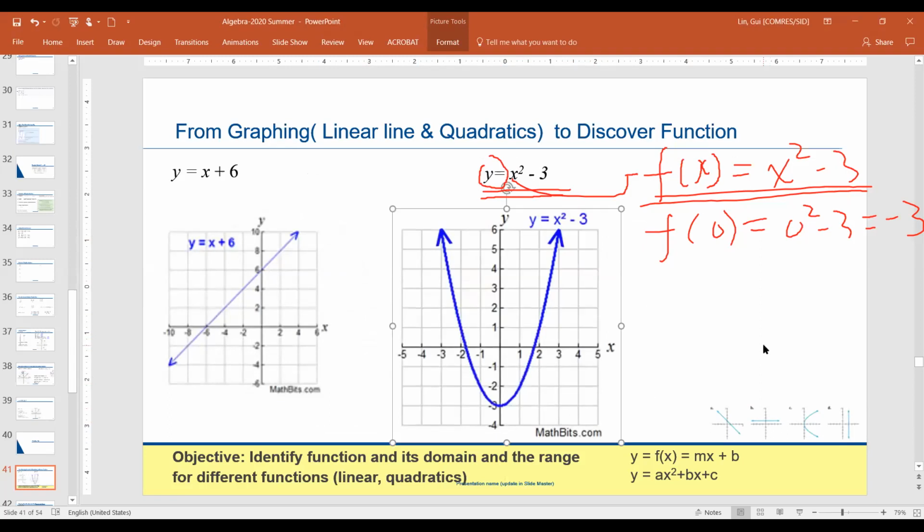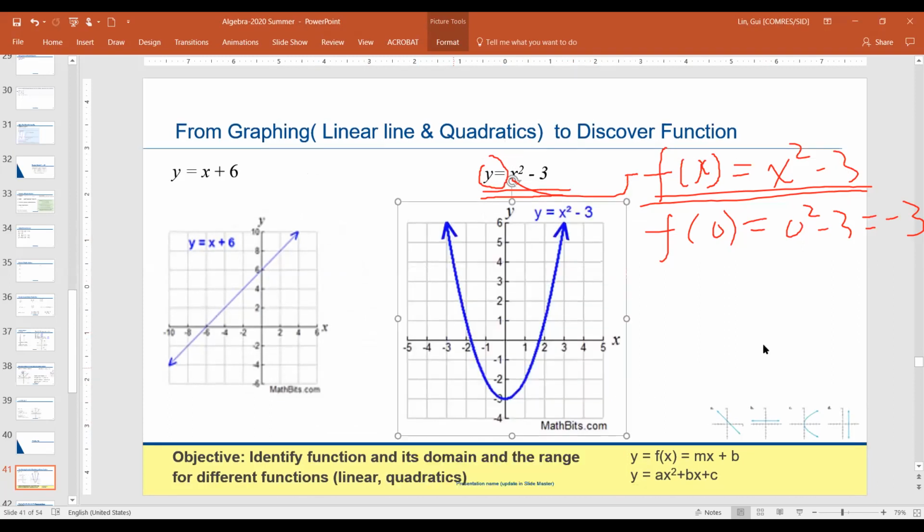So when we look at this, x can be any number from negative infinity to positive infinity. Your input can be any number; there's no limitation. But what about y? The minimum of this y right now is -3, right?